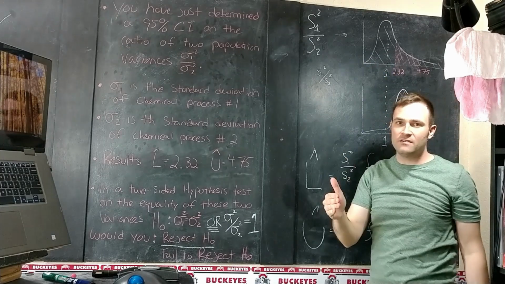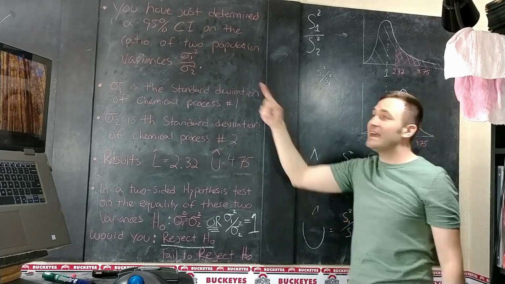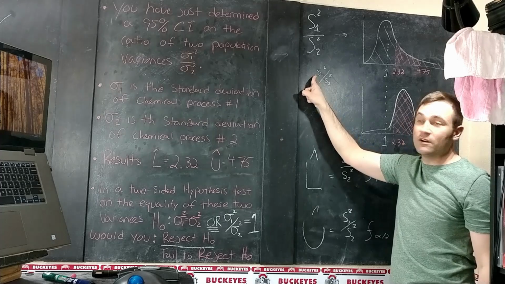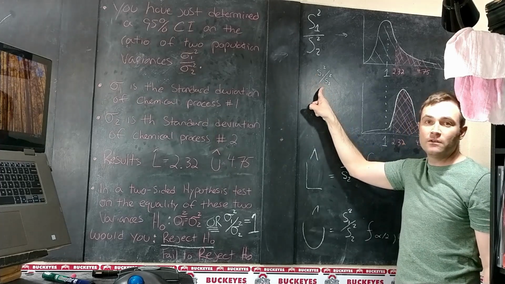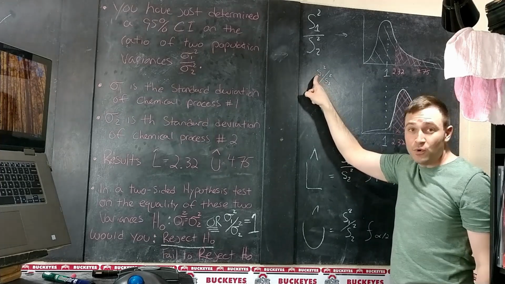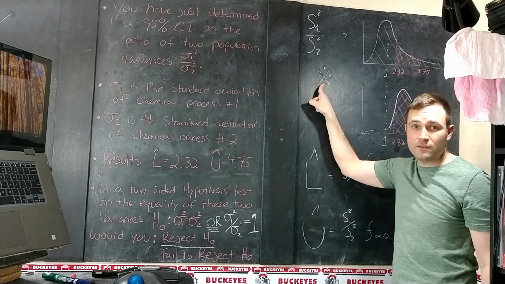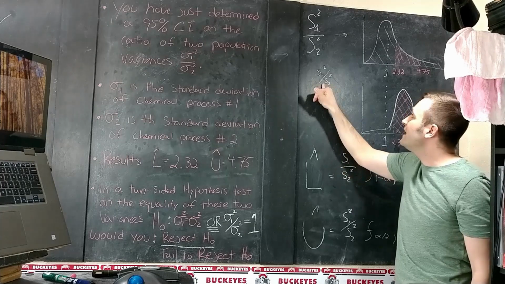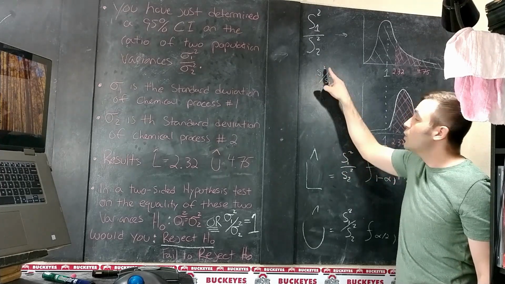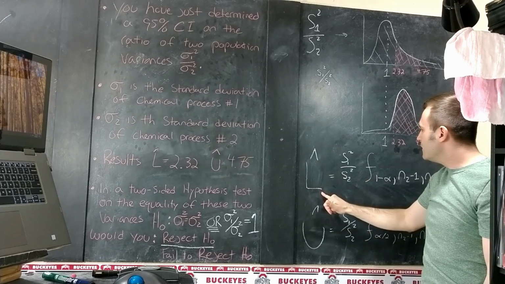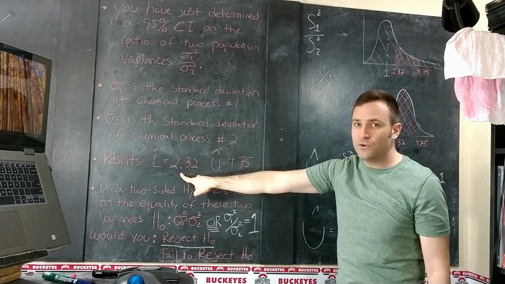But in this case, when we took a point estimate of our parameter, little s1 squared over little s2 squared, so sample variance from population 1 over sample variance from population 2, that point estimate, this value, we plugged into these equations straight out of your notes for our lower bound, and we got a result of 2.32.